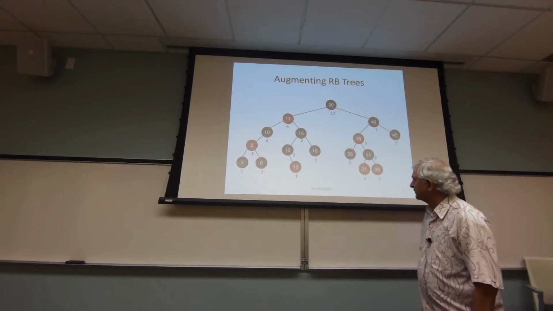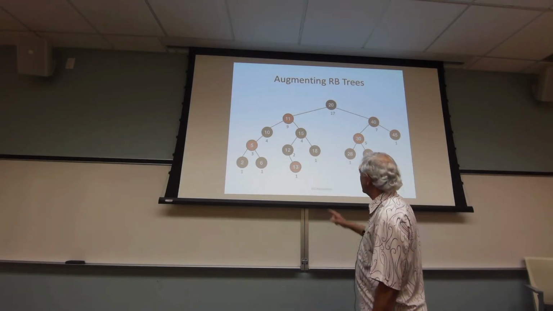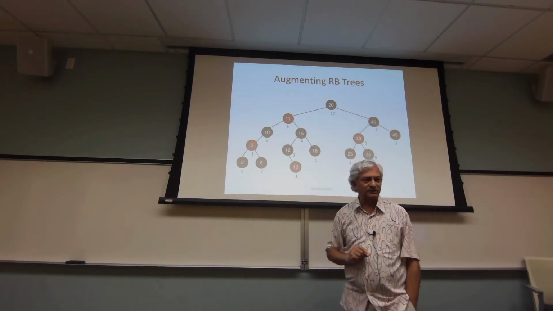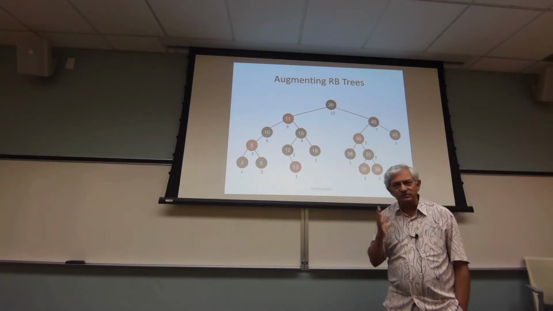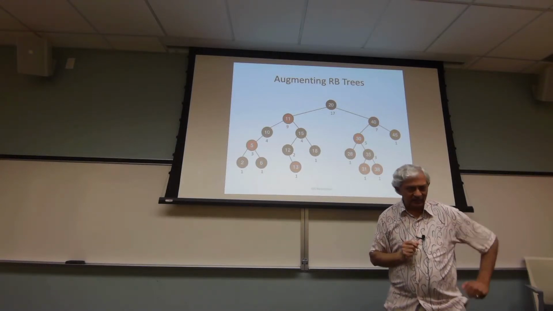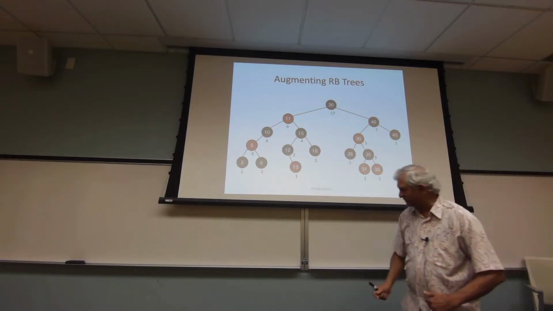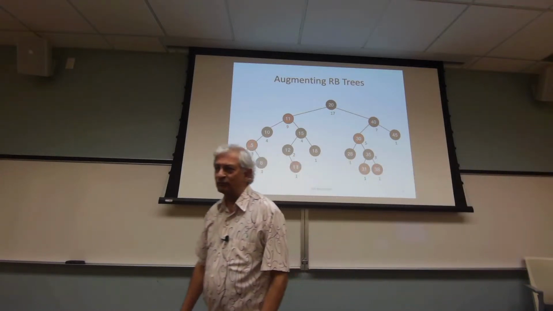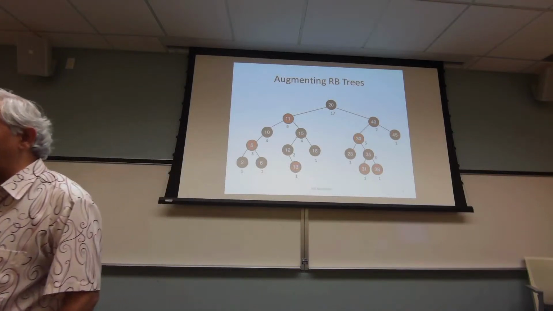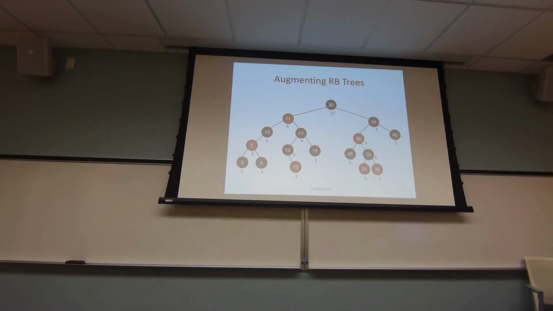It turns out that if I can store this size information, I can actually do this somewhat efficiently. And the way that works out is something I'm going to show you next. Are there any questions so far? Or is this flying way over your heads? Are you okay with this?